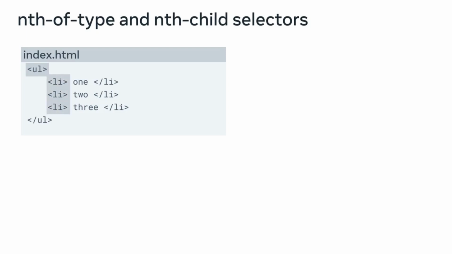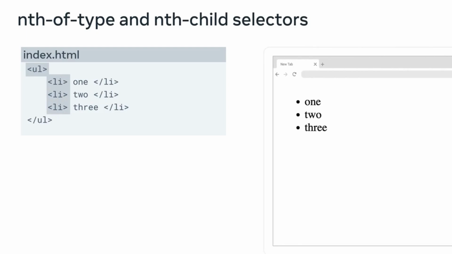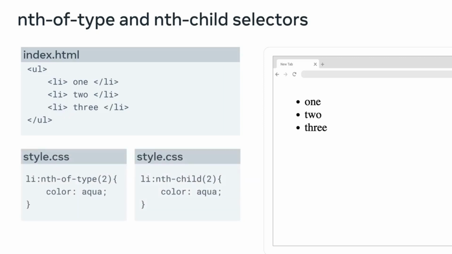The unordered list element is the parent tag in this case, and the 3 list elements are the children. Now let's specify that the second list element must have a certain styling. In this case, you can use both the nth of type and the nth child selectors to do that. Both will produce the same output, where the second list element will be colored aqua in this case.